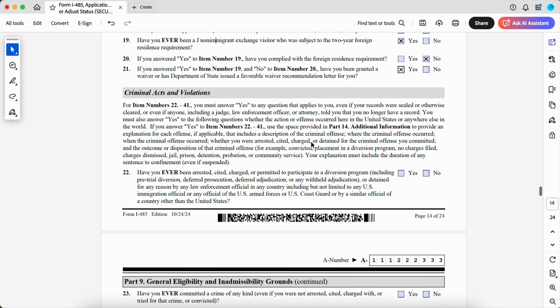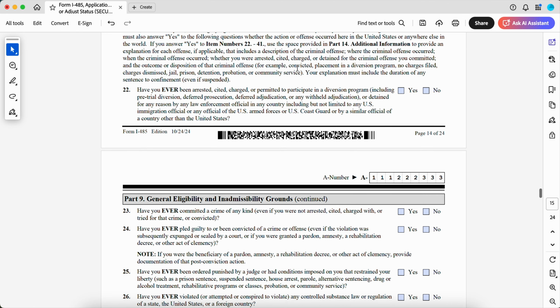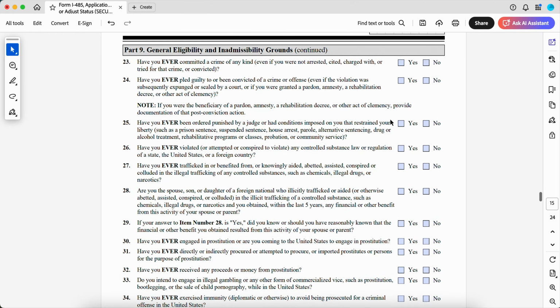The criminal acts and violations, here you also have to answer truthfully all the questions about your criminal past, criminal records. So I will skip the security questions and you can read them yourself.